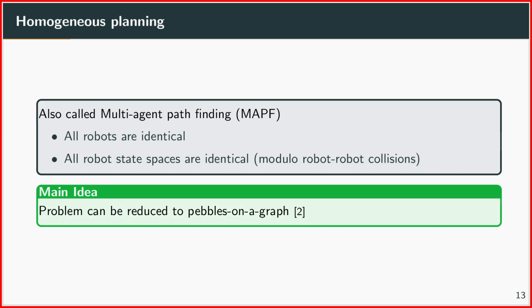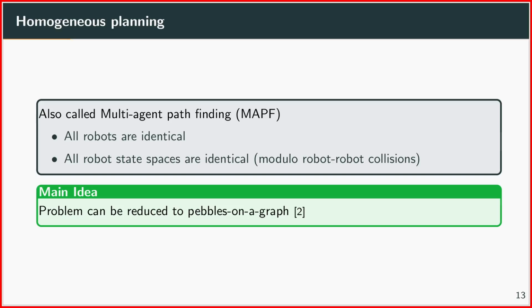And in that case, if all your robots are equivalent, all your robot state spaces are also identical. And I wrote here modulo robot-robot collisions. So basically, all your state spaces are equivalent. But on top of that, of course, you have to make sure that your robots are not colliding with each other.